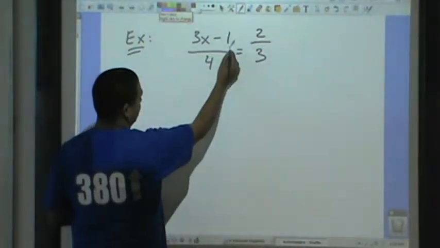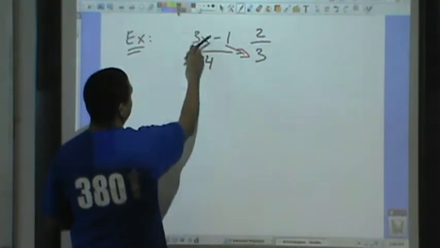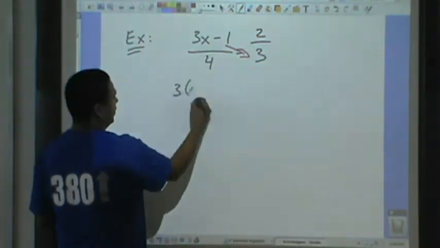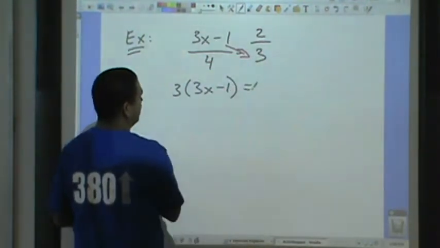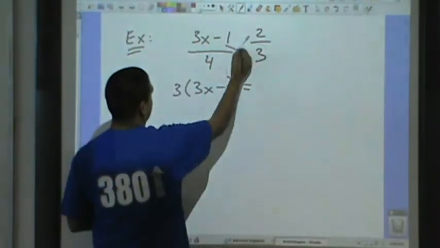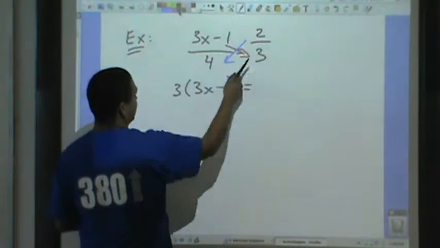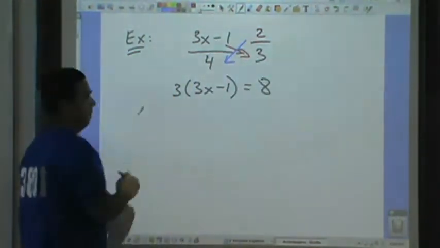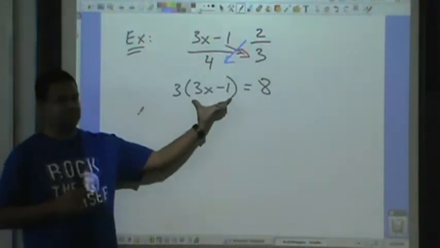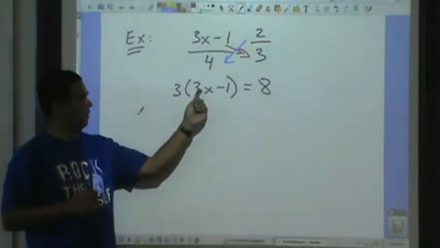So we're going to, again, multiply diagonally. So 3 times 3x minus 1 equals 8. Multiply diagonally, don't forget, you've got to multiply. So that would be 8. And then parentheses tell us we need to distribute.